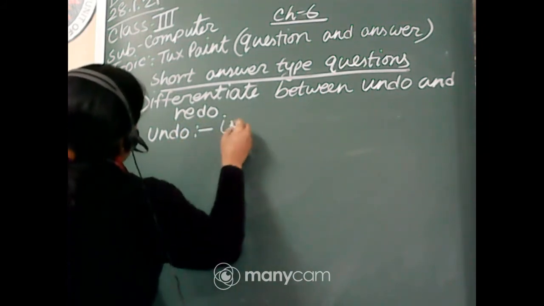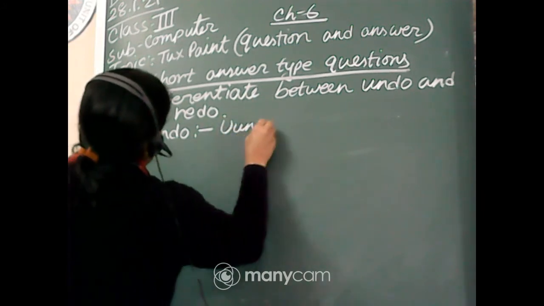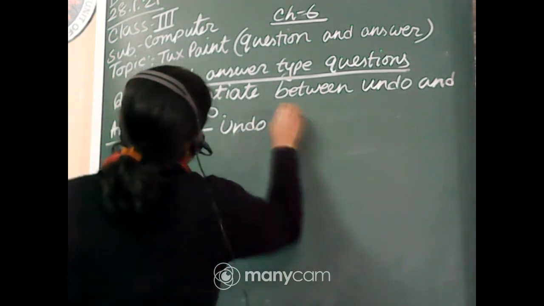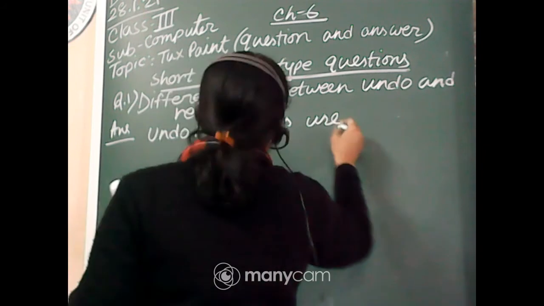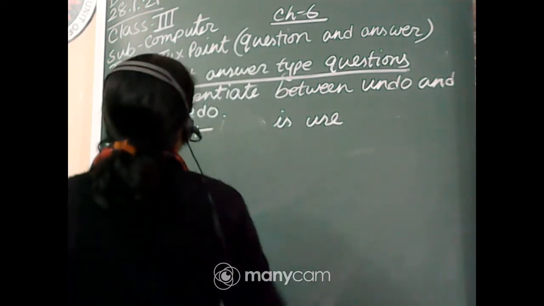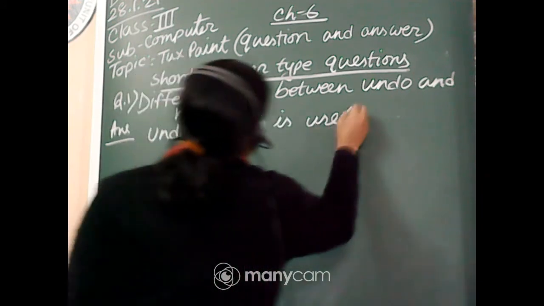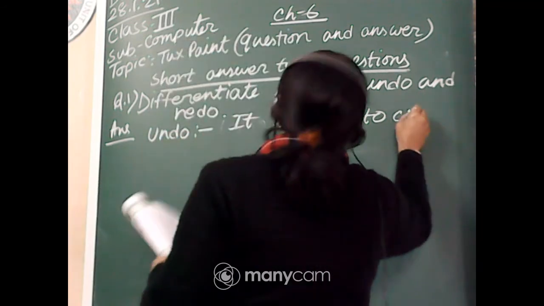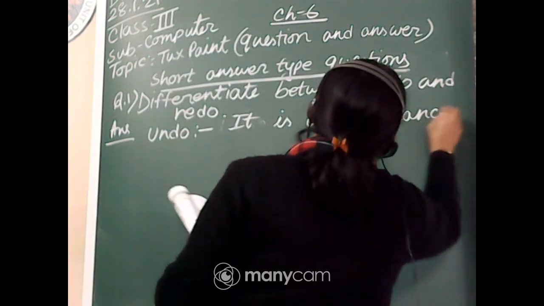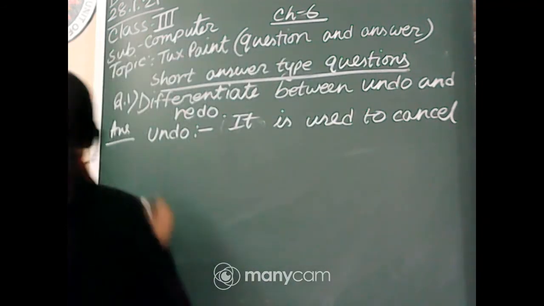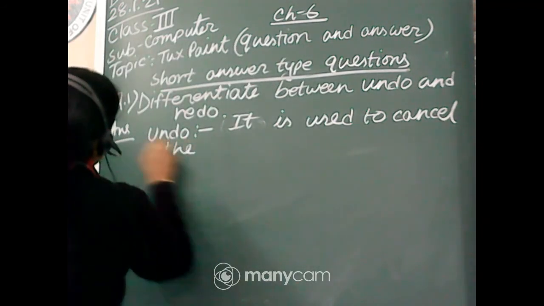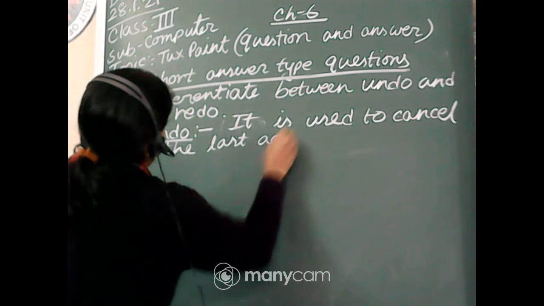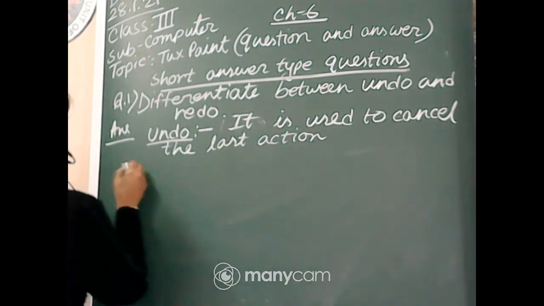Undo is used to cancel the last action. And next, redo.